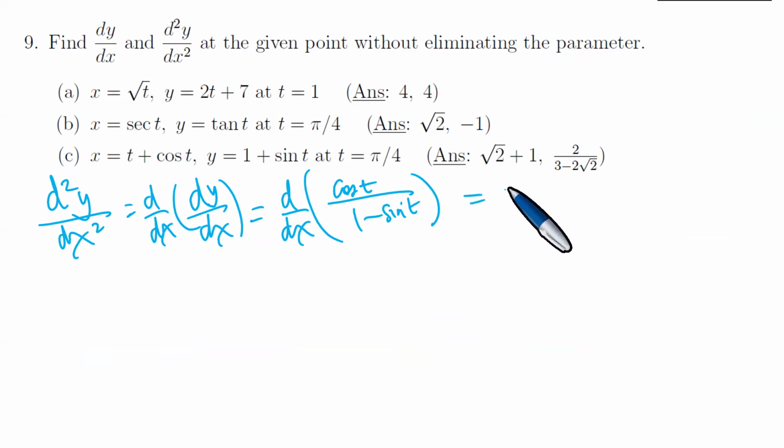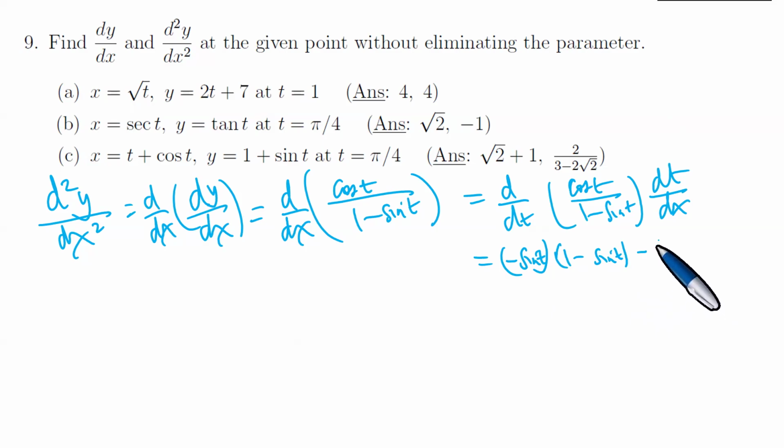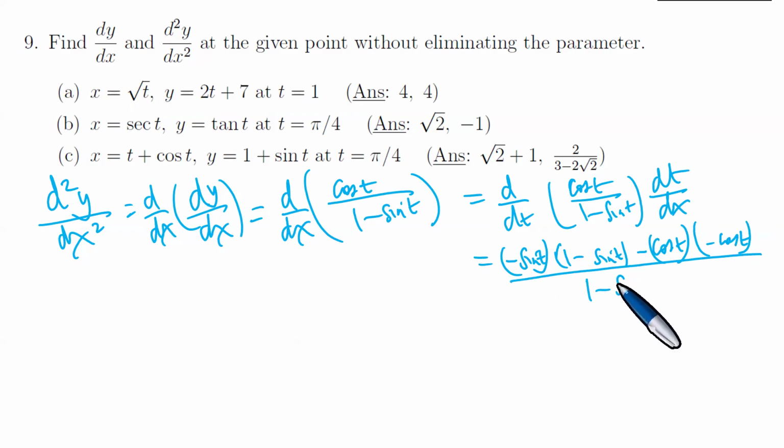So the derivative of the top, which is minus sine t, times 1 minus sine t, minus the top, which is cosine t, times the derivative of the bottom, which becomes minus cosine t, all over 1 minus sine t squared.